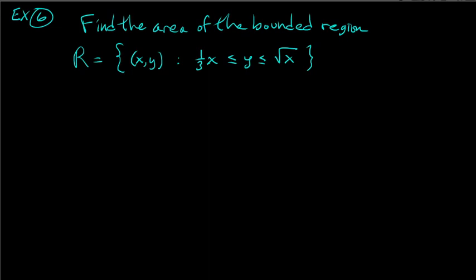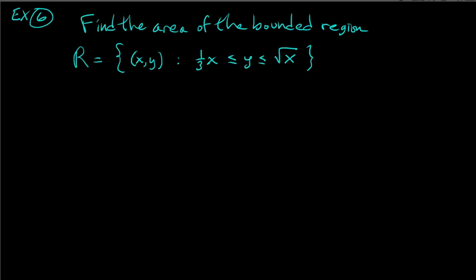We want to find the area of the bounded region R, that's the set of points x, y in the xy plane, such that 1/3 x is less than or equal to y, and y is less than or equal to square root of x. Okay, so this is something you should have done in Calc 1, or probably Calc 2, but one or the other.